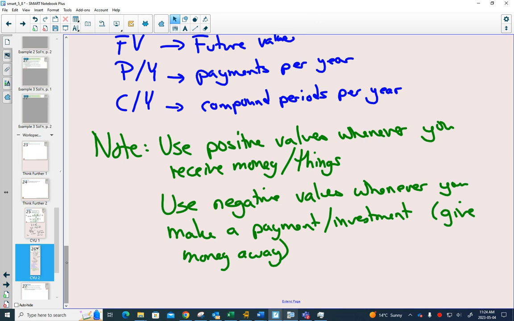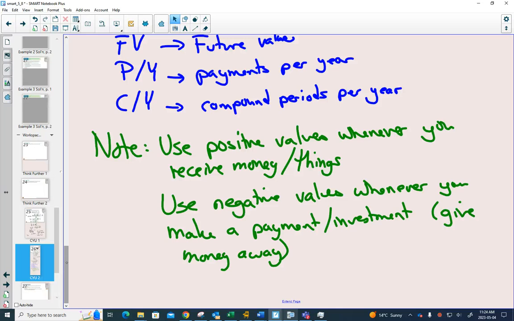So I like to imagine, am I getting something? If I'm getting something, and I can't necessarily put a car in my pocket or a house in my pocket. But if I'm getting something that I get to have, that's a positive thing. When I'm giving money away, and that can include taking $200 and giving it to the bank to put into an investment, whenever it's going from my pocket somewhere else, it's negative. When the bank gives it back to me, it's positive.